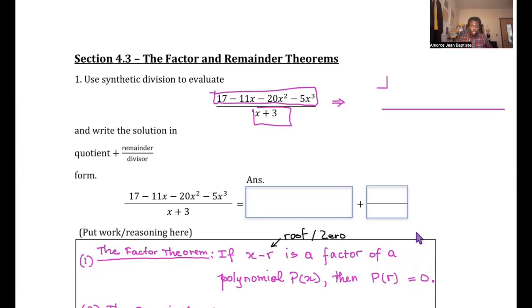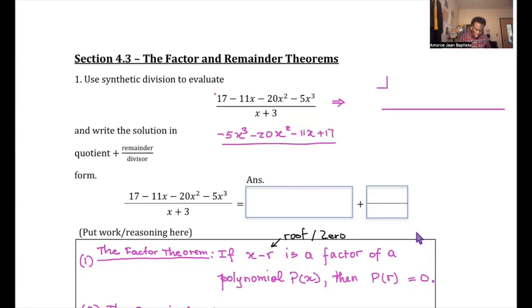After doing so, you need to keep your dividend in descending order of exponent, from the highest to the lowest. So first, I'm going to keep this as negative 5x to the third minus 20x squared minus 11x plus 17, over x plus 3.